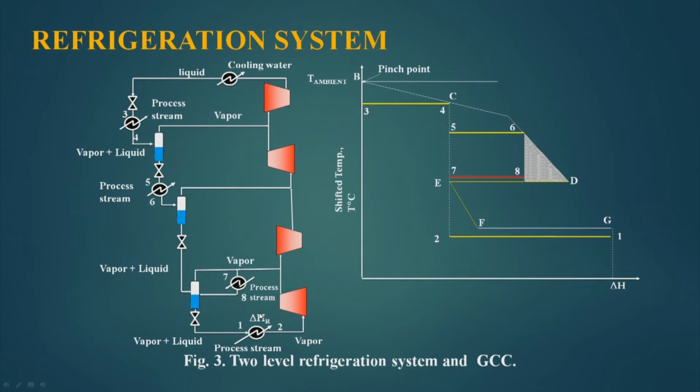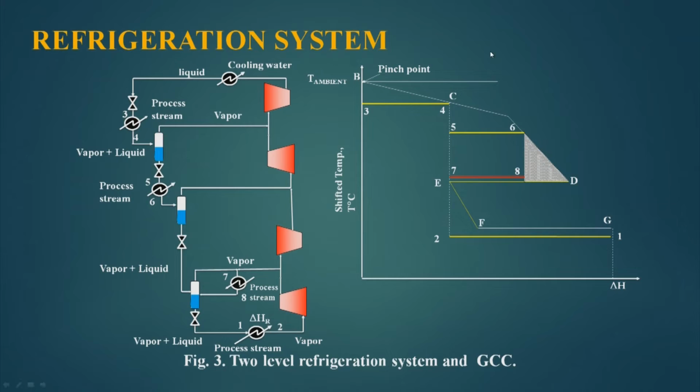And here we are creating 2 condensers. One condenser is this 7 to 8 where heat is being rejected, and the second condenser is this where heat is being rejected to the cooling water.